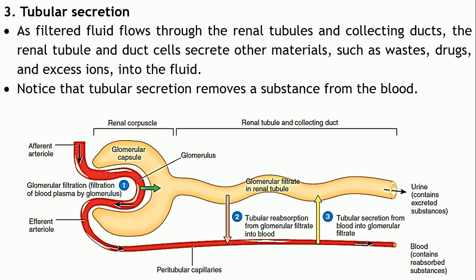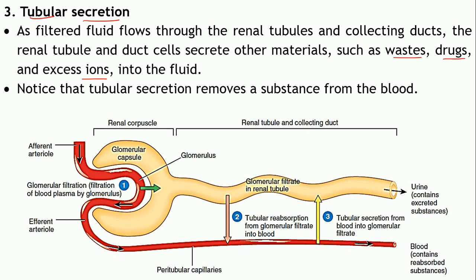Then the third process is tubular secretion. As the filtrate is moving across these tubules, there are certain substances which are secreted into these tubules. Say for example waste, certain drugs or their metabolites, some excess ions which may not be required by the body.